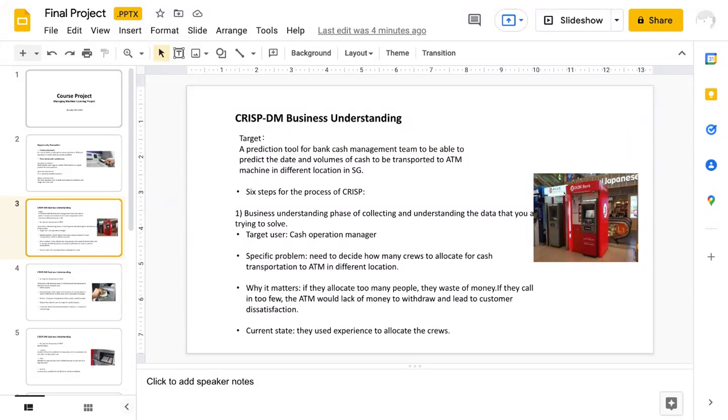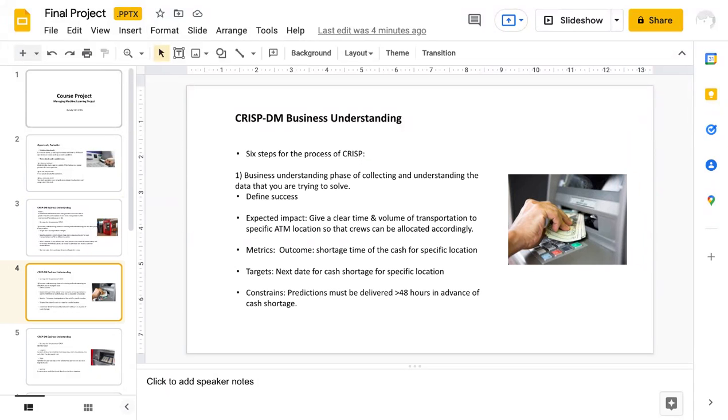If they allocate too many people, it's a waste of money. If they allocate too few people, ATMs would lack money to withdraw and lead to customer dissatisfaction. Currently, before we introduce the machine learning tool, usually they use experience to allocate the crews and to decide the routes of the transportation.